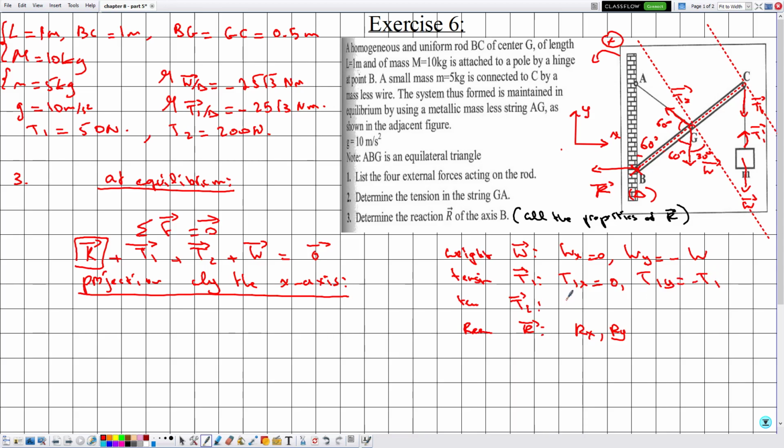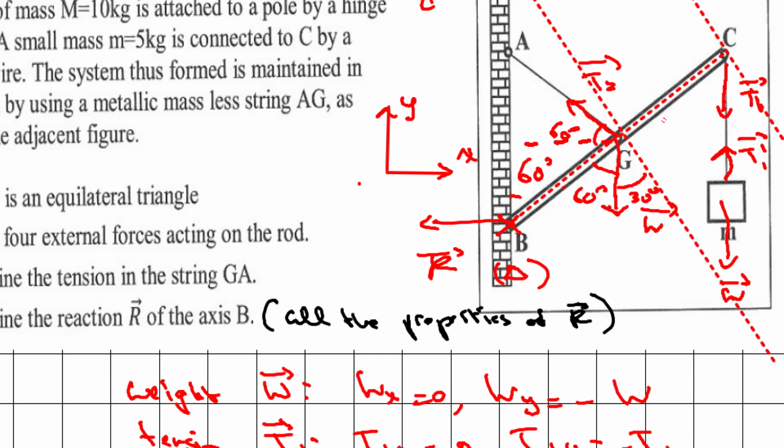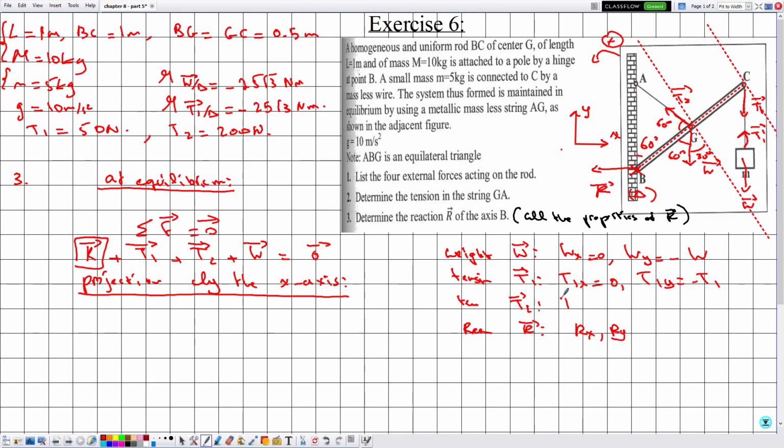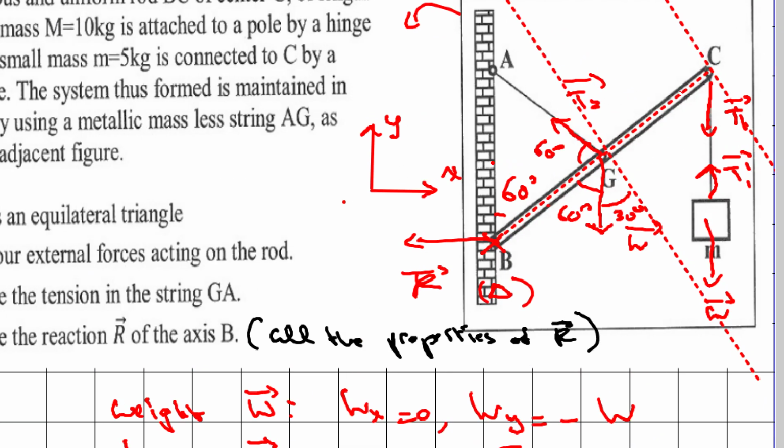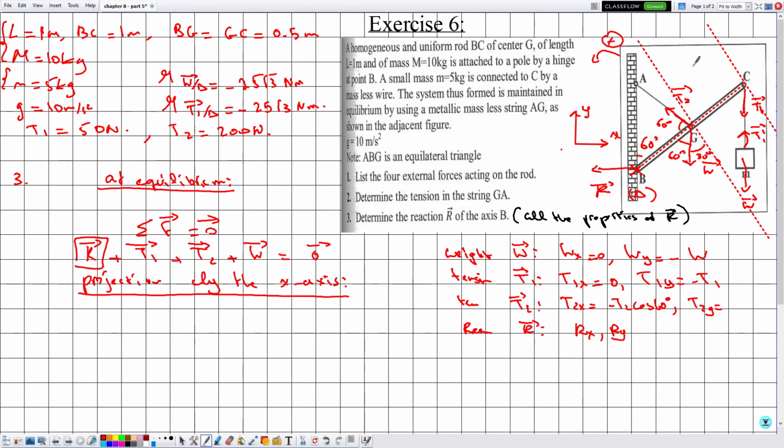As for T2, T2 lies in the xy plane. So if this is the horizontal, the x component will be pointing in the negative direction, minus T2 cosine 60. As for the y direction, if this is 60 degrees, then between the vertical, now I have noticed that I have done a mistake in the previous part.